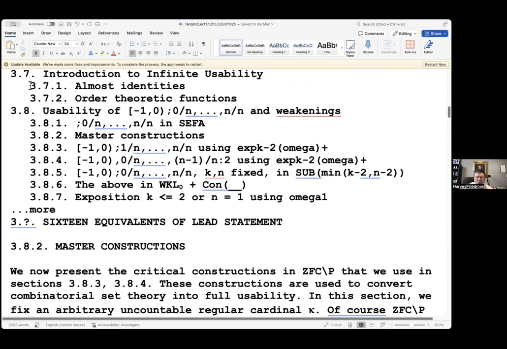By the way, the overriding necessary condition for any kind of usability, except one usability, two usability and above, is that the function is strictly increasing. And now section 3.8 is the red meat of the chapter, although there are important things to come.